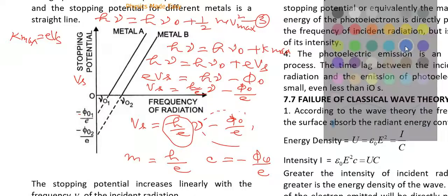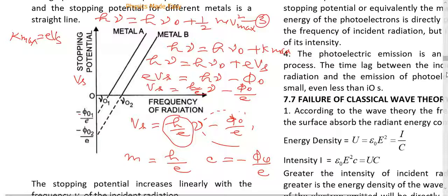Here this is the angle theta 2, and this is angle theta 1. The slope of this line gives us h by e. If theta is given, I can find the slope m1 equal to tan theta, which is equal to h by e.